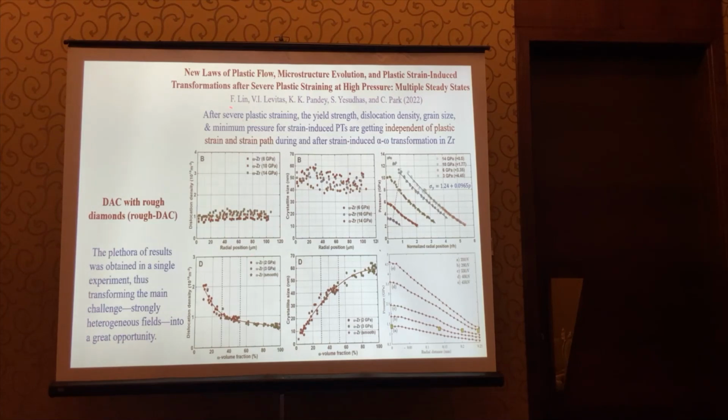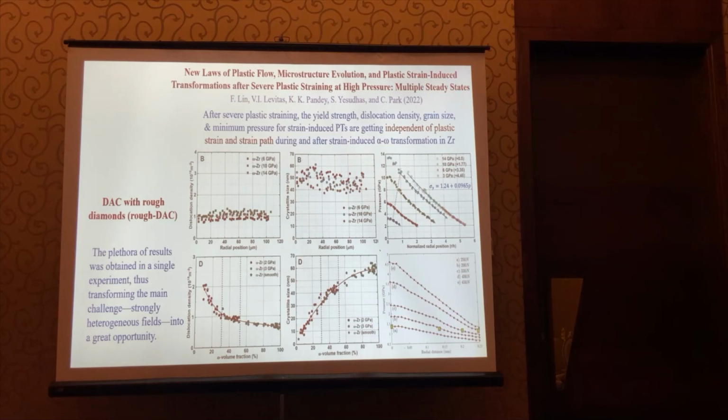We found that after severe plastic straining, dislocation density, crystallite size, and pressure-dependent yield strength also become independent of plastic strain and plastic strain path. For example, to prove this for pressure-dependent yield strength, we developed a diamond cell with rough diamond.